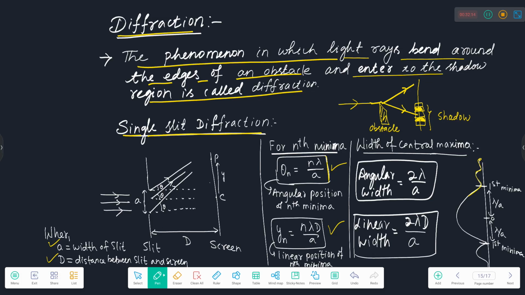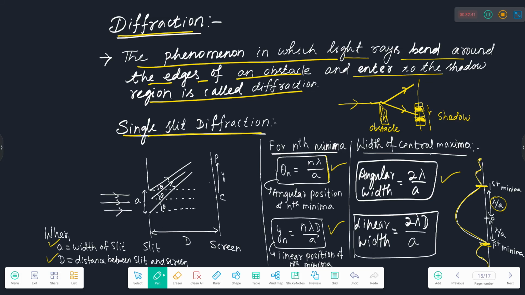Listen here, central maxima is a little bigger in size in diffraction. So the formula is angular width 2 lambda by a and linear width 2 lambda by a into capital D. Here lambda by a is the distance from the center to the first minima. Downward also the same first minima. So the width is lambda by a plus lambda by a, which is 2 lambda by a.